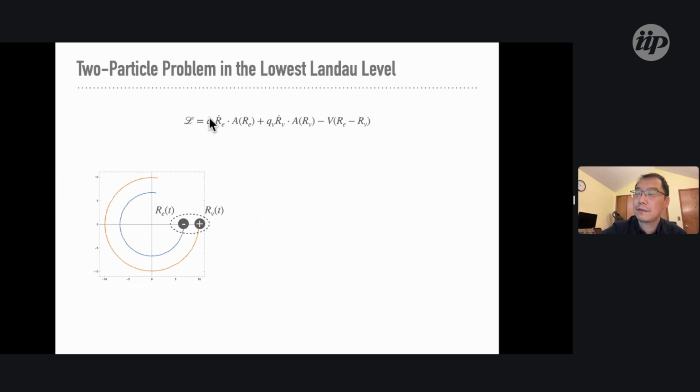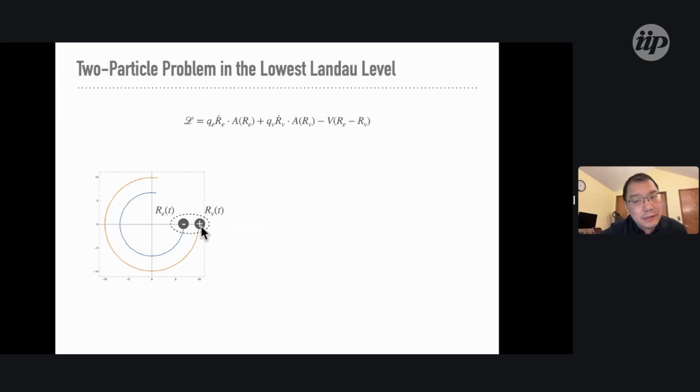You can see that I have thrown away the mass term because when you project into the lowest Landau level, the kinetic energy is quenched. You can solve this classical equation very easily, and you will see that in the dynamics of this two-particle system, both will be making circles. So this is the guiding center of my electron, and this is the guiding center of my vortex.